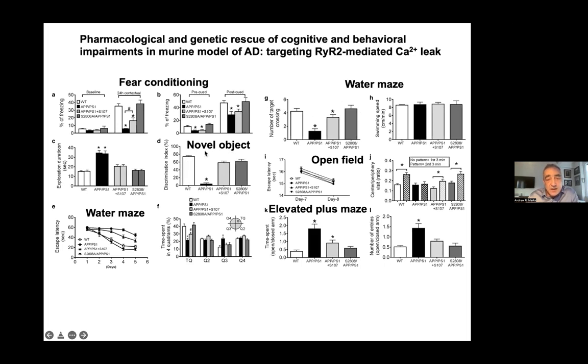Novel object recognition is where you have a mouse exposed to two objects, and then after a period of time, put them back into that environment with a new object, and the normal mice will discriminate between them and will preferentially explore the new object. The Alzheimer's mice, again, either don't learn or don't remember that, and you can restore that to normal with treatment with a drug or a genetic rescue.